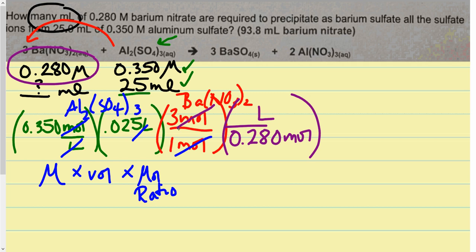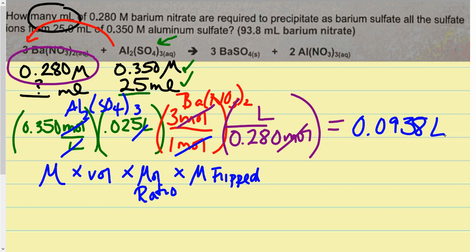That allows the moles of the barium nitrate to cancel, leaving you just with liters. Again, from the format standpoint, this is times the molarity flipped. So we'll perform our math on that. We're going to end up with a numerical value in liters.